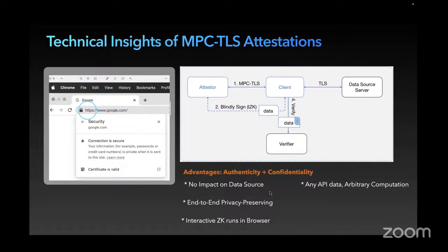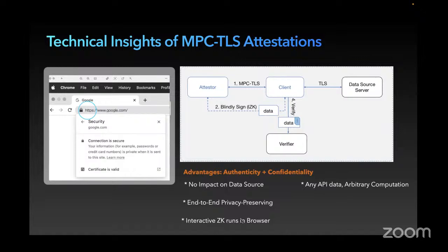There are some advantages. We can use this protocol to provide authenticity for off-chain data. For example, I can prove I really have a certain amount of Bitcoin in the Binance exchange without exposing the exact number, so with this attestation approach we still have privacy. Also, I cannot cheat, because the data authenticity is ensured by the TLS protocol layer and by the MPC protocol, so there is no way to cheat with fake data.